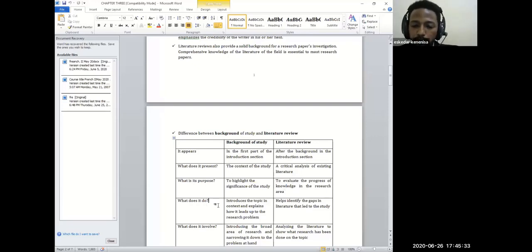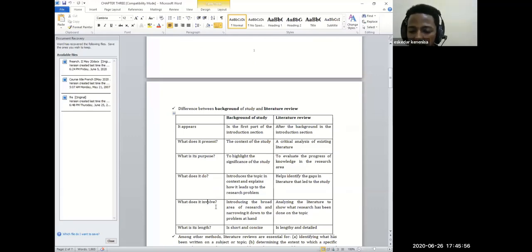What does it do? The background introduces the topic, while the literature review helps identify the gap in the literature or in the research works.